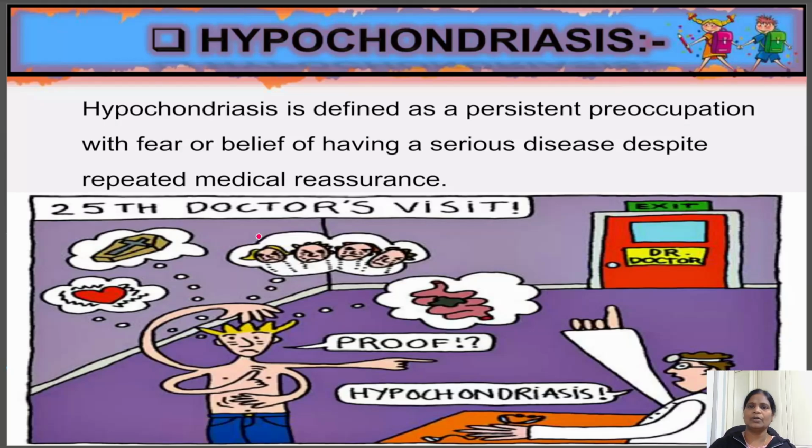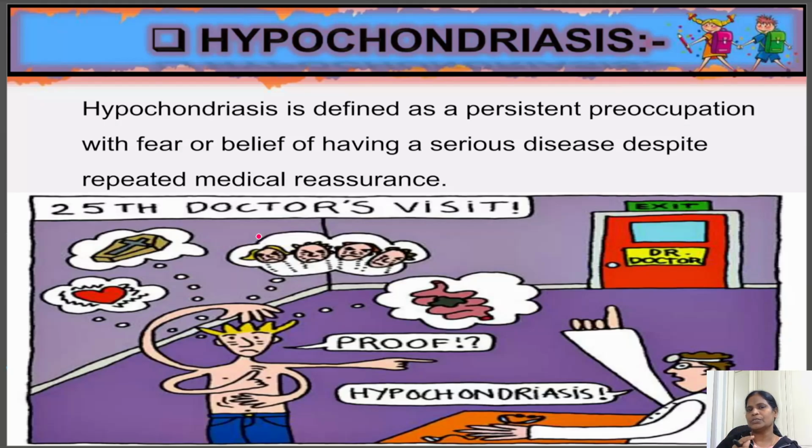Next we are looking at hypochondriasis. It is a disorder defined as persistent preoccupation with fear or belief of having a serious disease in spite of repeated medical reassurance. Now, how is this different from somatization disorder?